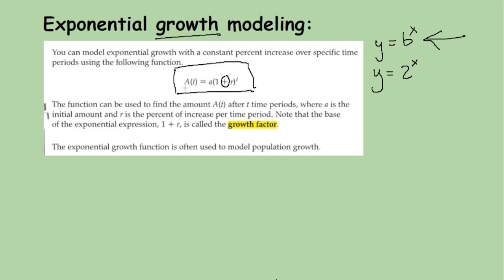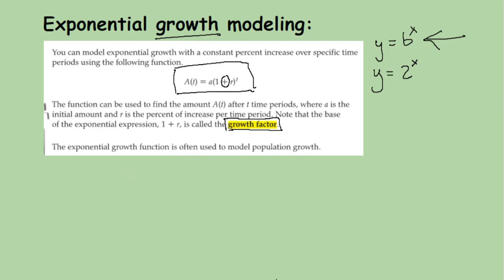A is the initial amount you're going to start with, and r is the percent of increase per time period. We'll go through one of these and see this. The thing that is being raised to the exponent is your growth factor, so that's the thing that really makes the difference of what's happening here.